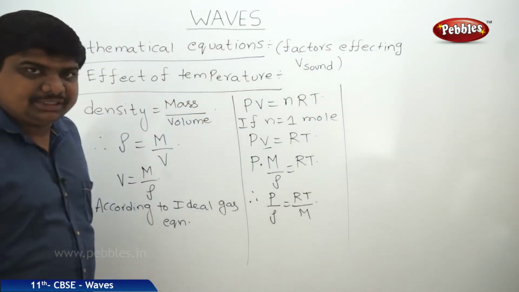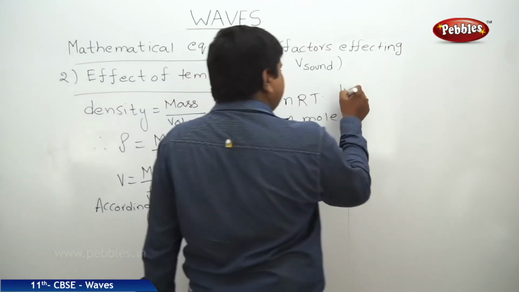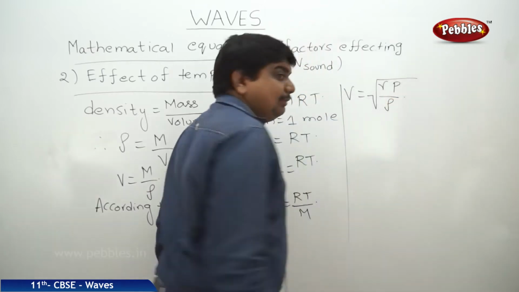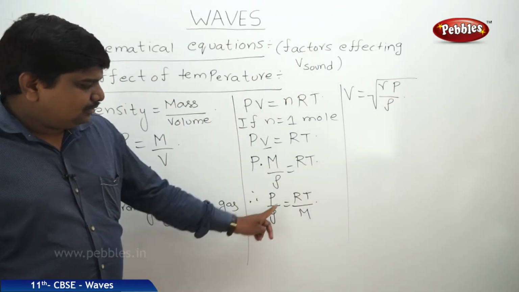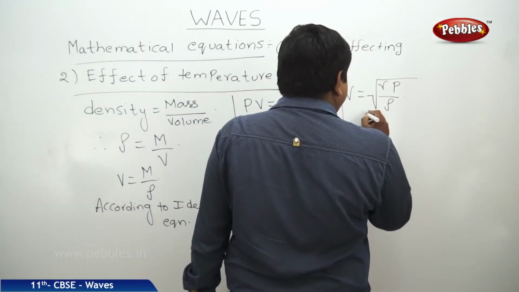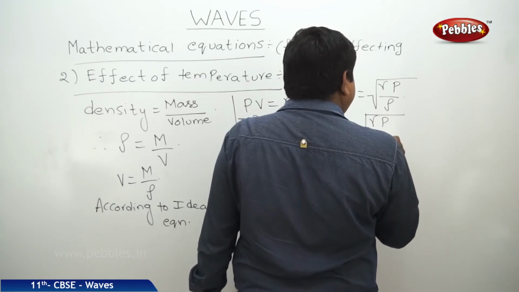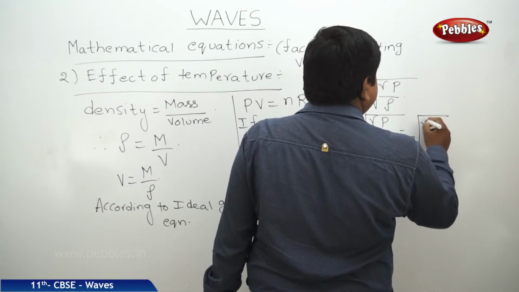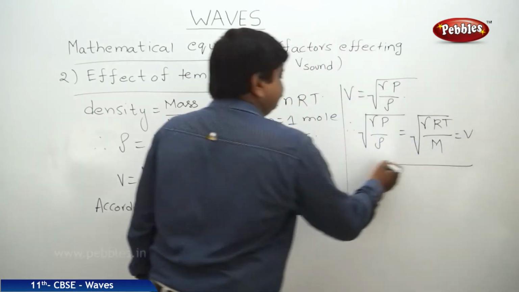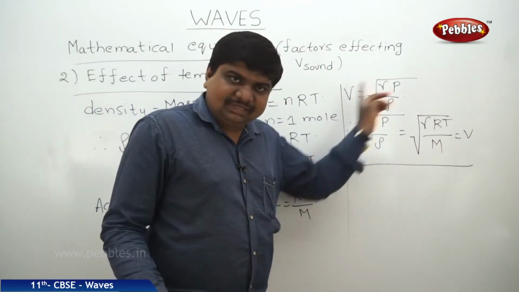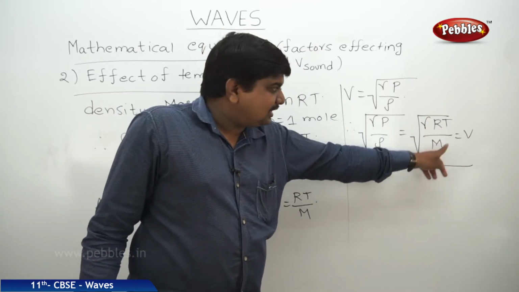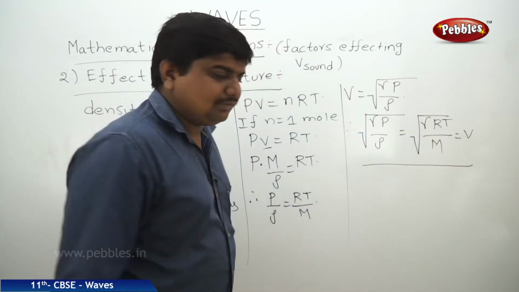According to Newton's correction or Laplace correction, speed of sound V is equal to square root of gamma P by rho in case of adiabatic expansions and compressions. So P by rho is equal to RT by m. Therefore, square root of gamma P by rho is equal to square root of gamma RT by m, that is equal to V. So if you see this whole equation, where gamma is the adiabatic constant, R is the gas constant, mass is also constant, V is proportional to square root of the temperature.